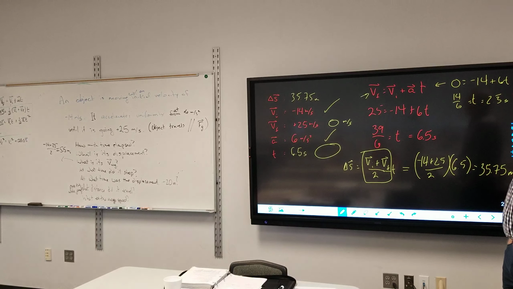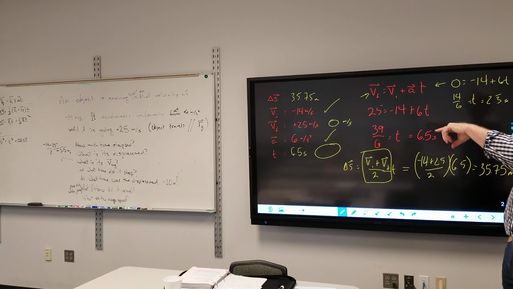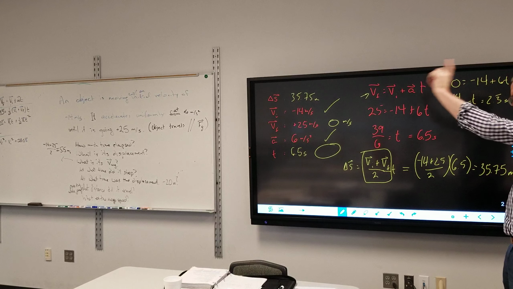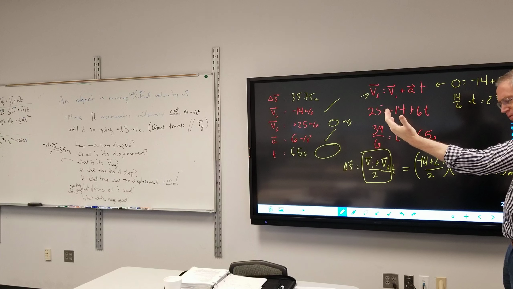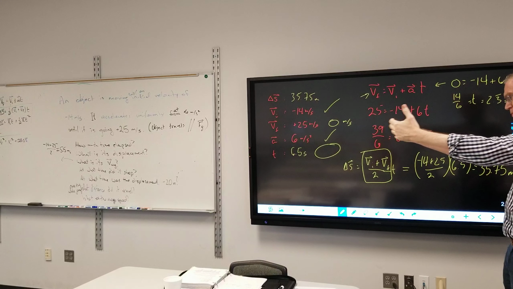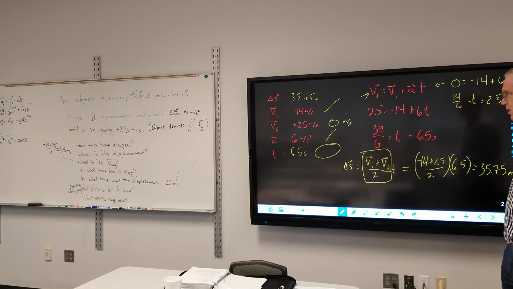I'm going to skip that next question for now, we're going to come back to it. So, define the distance that it traveled. I know it turned around. It traveled for 2 1/3 seconds in the negative direction, then it stopped very briefly, not permanently, and started moving in the positive direction for the remaining amount of time.